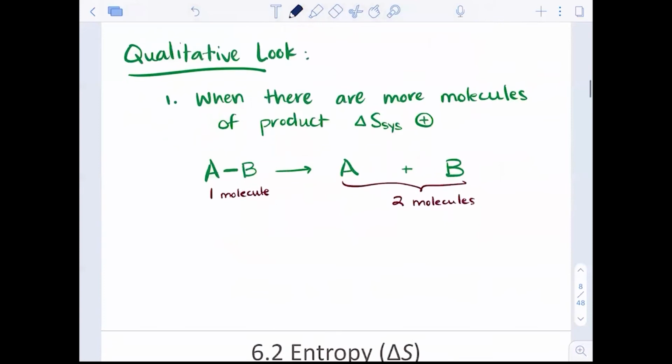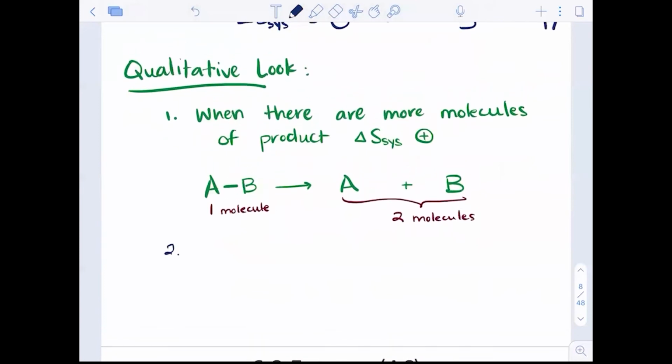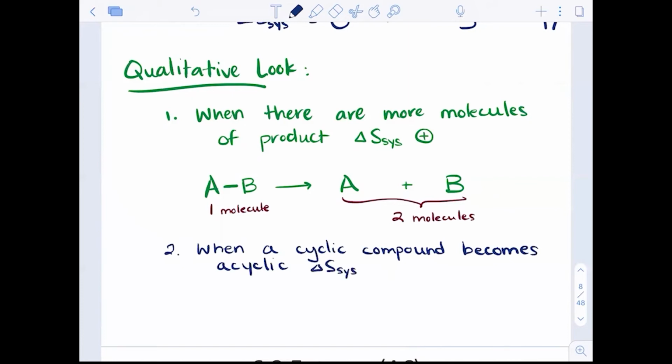We now know. And the second factor that we can look at, this one you probably haven't seen: when a cyclic compound becomes acyclic, the delta S of the system is positive. So think about this molecule becoming this molecule.